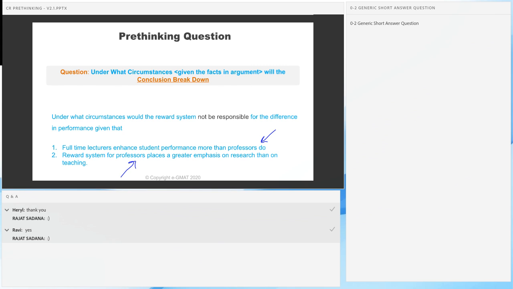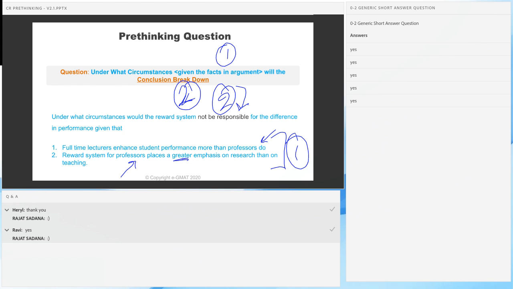A greater emphasis means more than 50% in this context. Okay. Can you see how this question is mapped? So how 1 and 2 are mapped to 2 and 1 over here. Can you guys see this? Yes, no? Okay. This is important because this is the process that we're going to go through in every question.